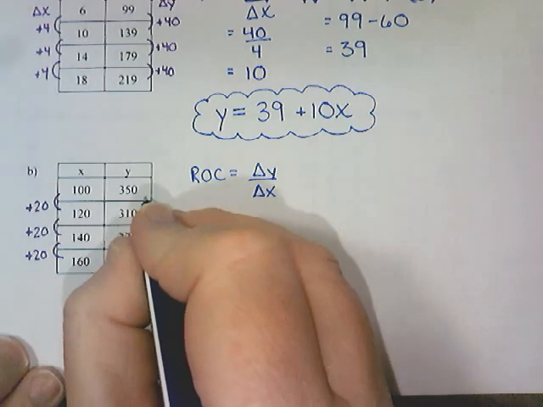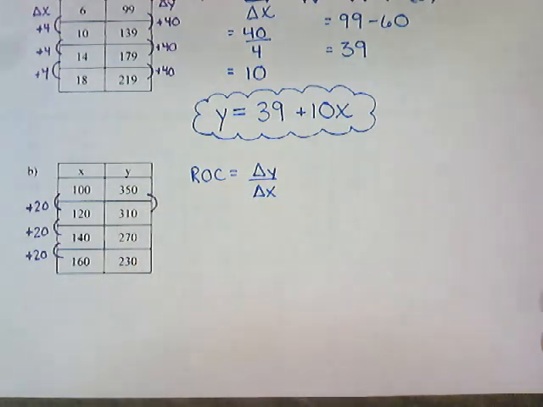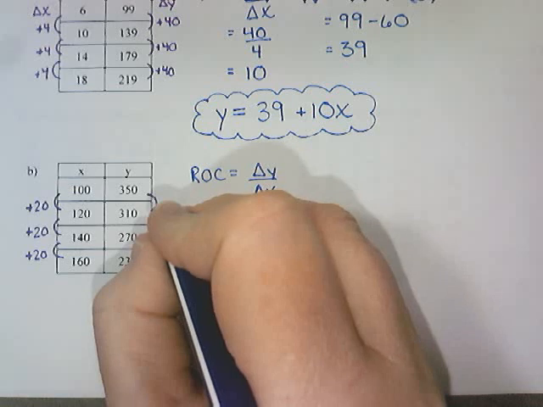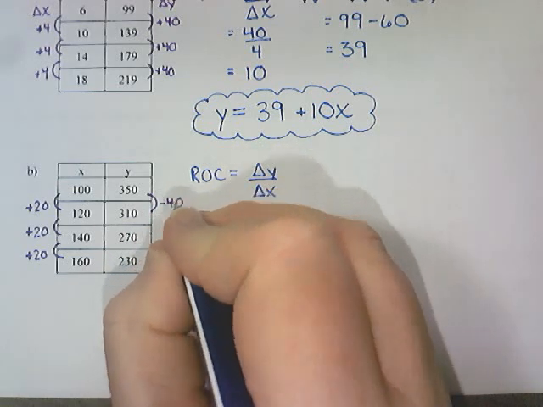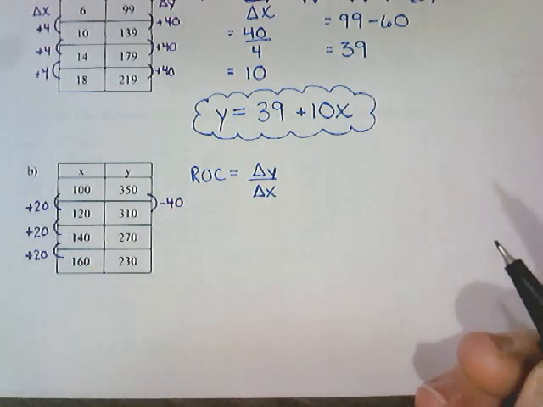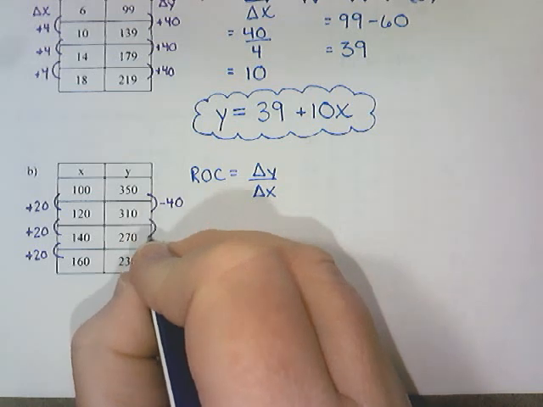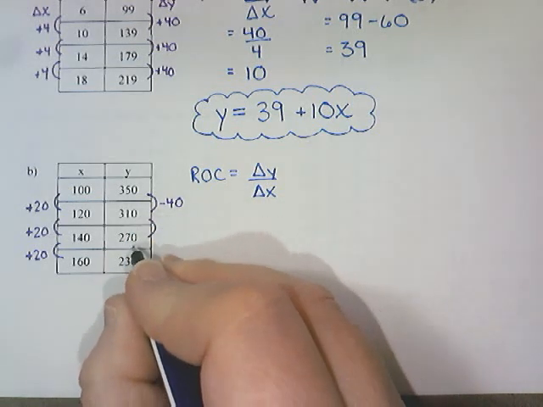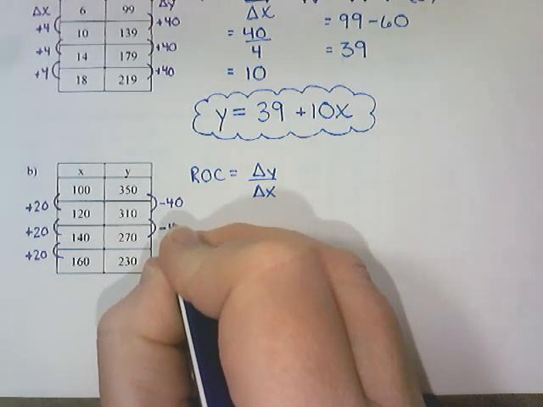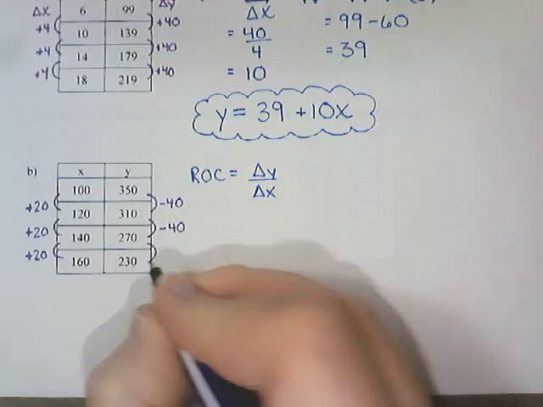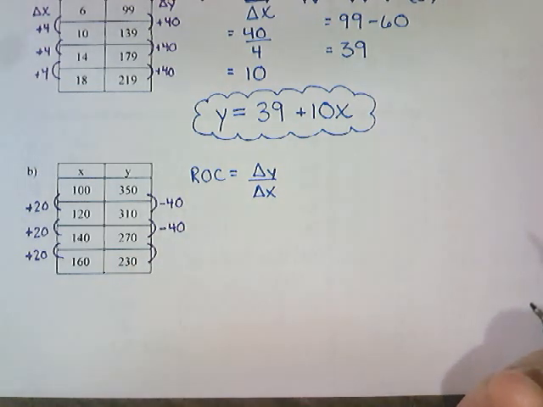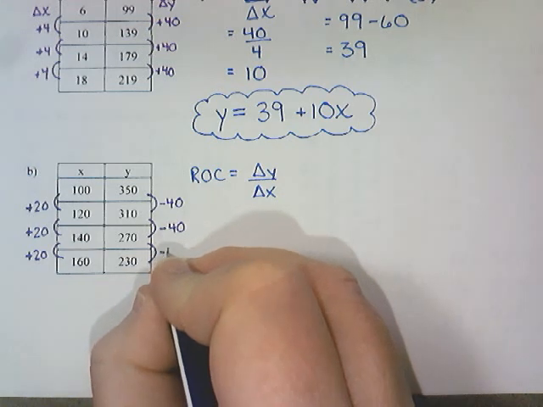On the other side, from 350 to 310, I subtracted 40. You can do 310 take away 350, but I can do this one in my head. All right, 310 to 270, I went down 40 again. And from 270 to 230, I went down another 40.